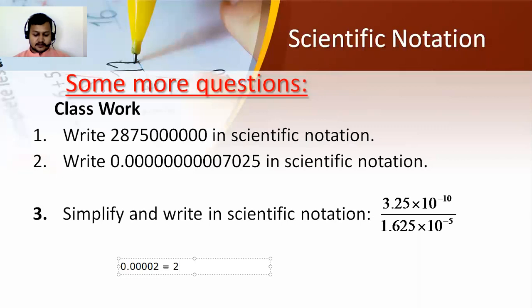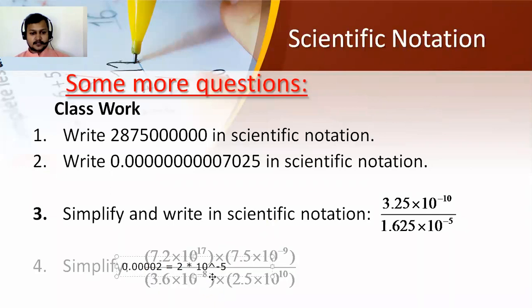It is equal to 2 into 10 to the power... We have to count the digits up to 2. 1, 2, 3, 4, 5. 10 to the power, it will be minus 5. Yes. Okay.